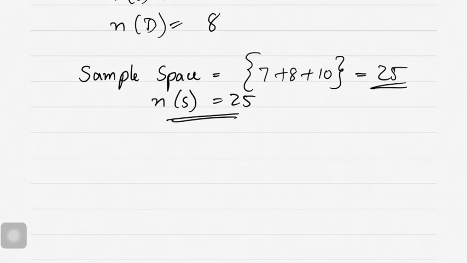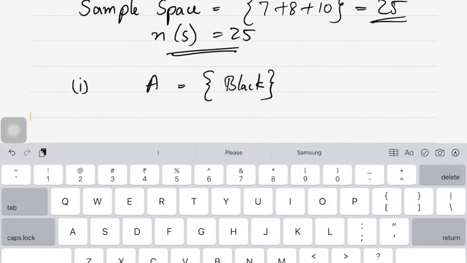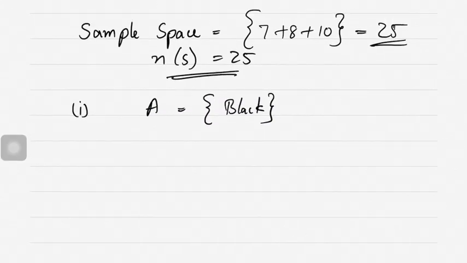N of S is 25. First part, event A, black.